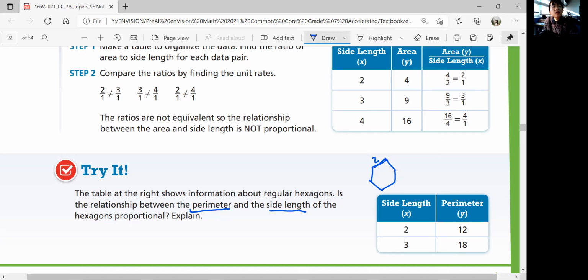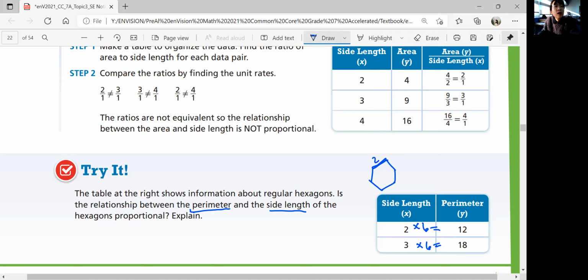So if one side length is 2, the perimeter is all the side lengths in total, right? So 2 times 6 would be 12. And then if your side length is 3, 3 times 6 would be 18, right? So if we find the proportion of perimeter over side length, oh, they already have a variable for that, right?